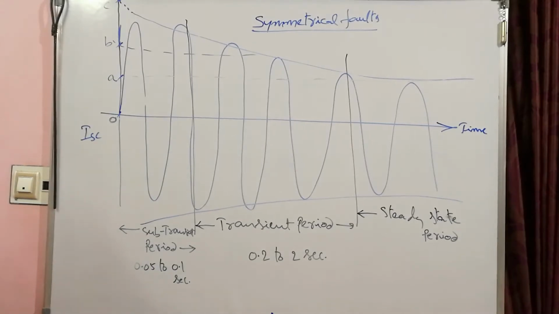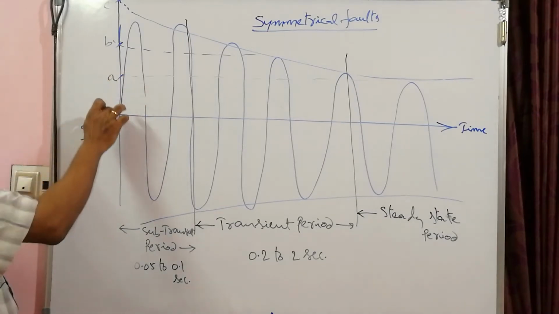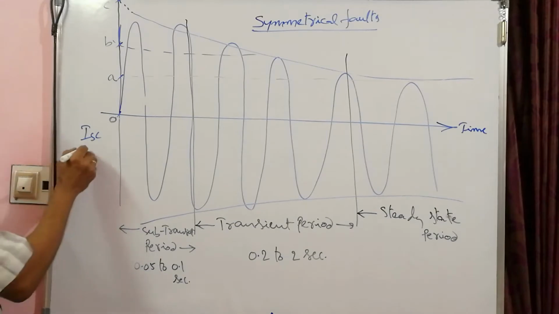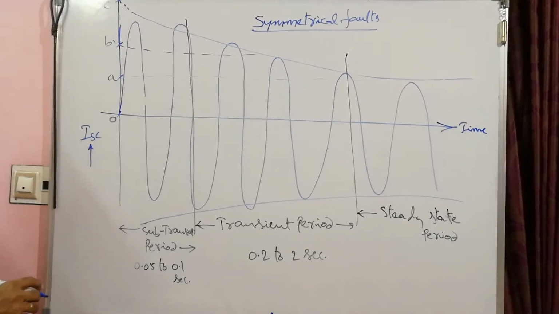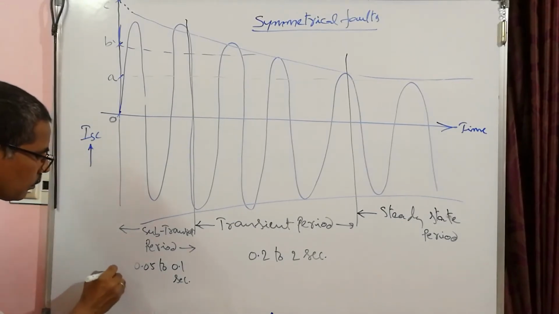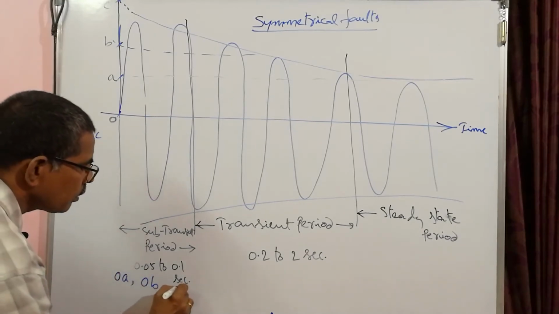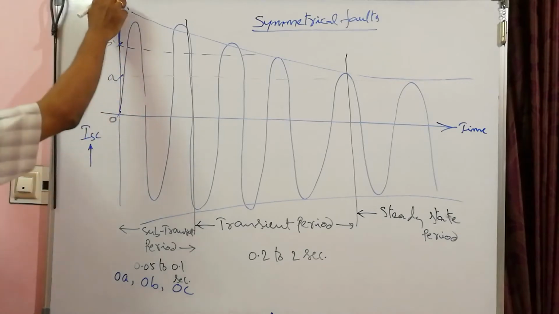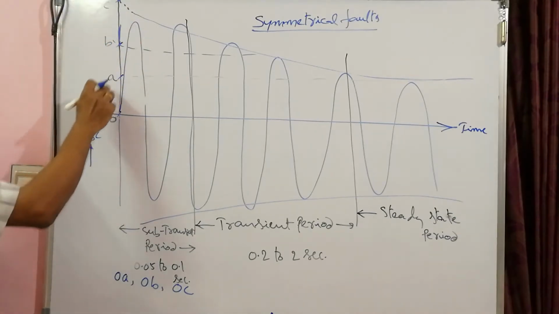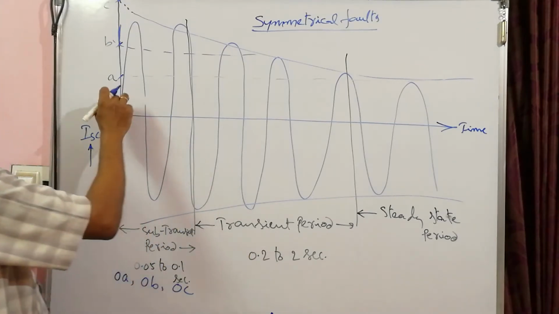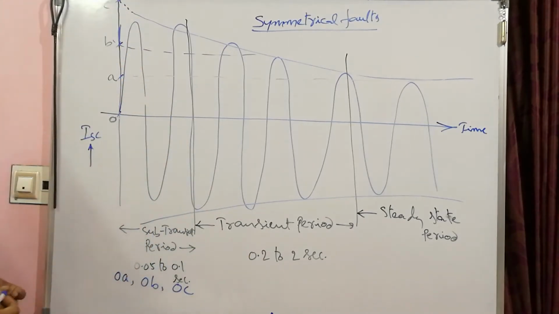So you can take the magnitudes from O: OA, OB, OC. These are the three values. OA corresponds to the steady state, OB corresponds to transient and OC corresponds to the subtransient.